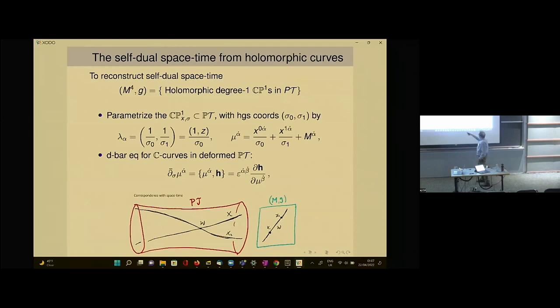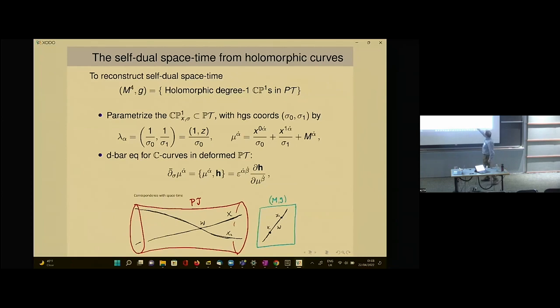But the main thing is that this is meant to satisfy the deformed d-bar equations. And because this is just a graph of mu being a function of lambda, essentially, these sigmas are basically the same as lambda, you can express it quite simply in this way. So we end up with a differential equation, and you can prove that it has a 4-parameter family of solutions, and that's going to be this space-time.